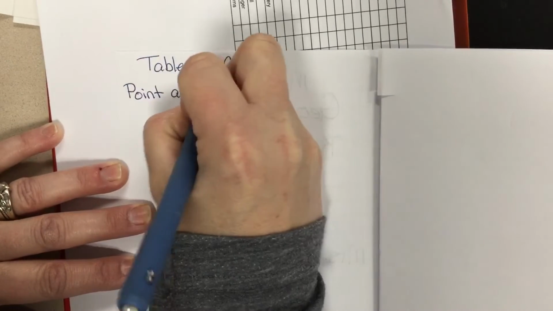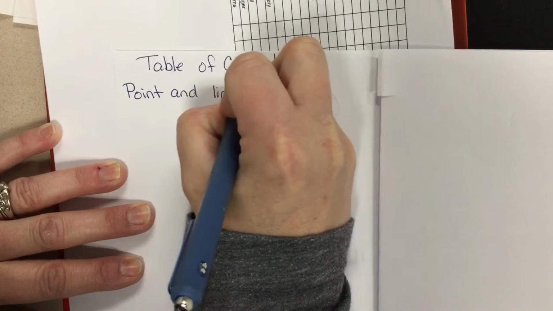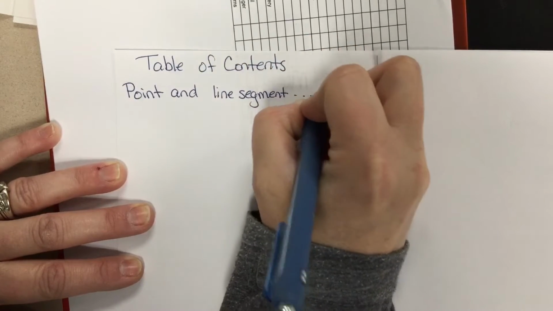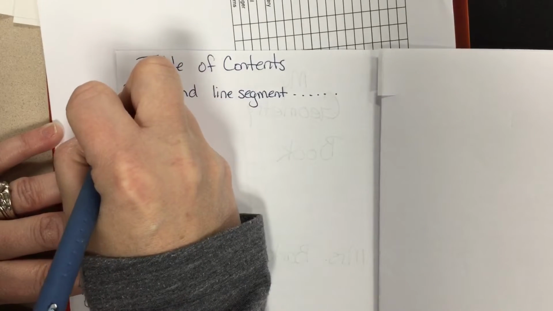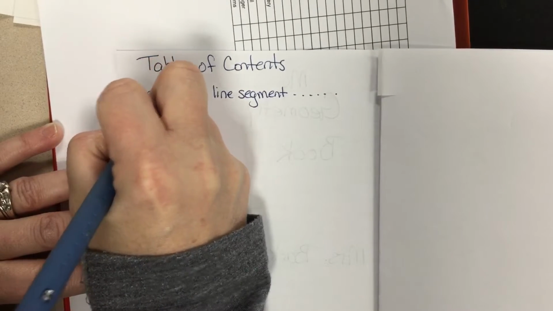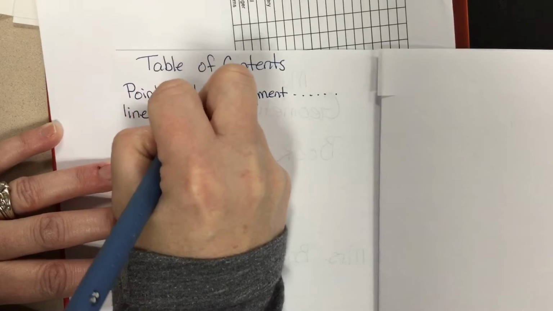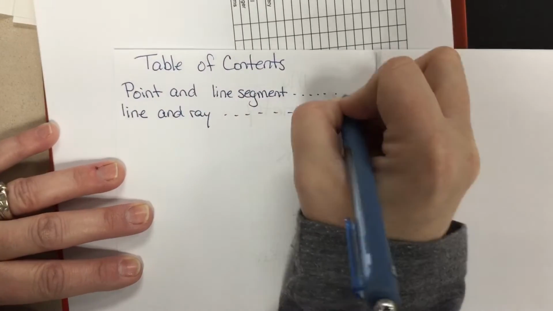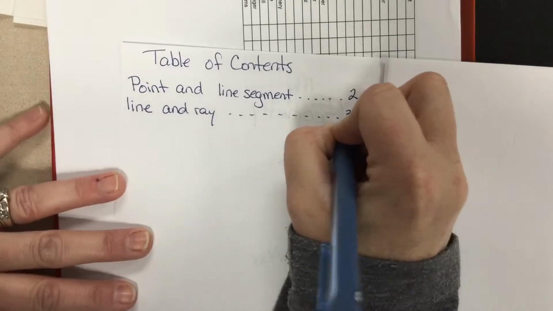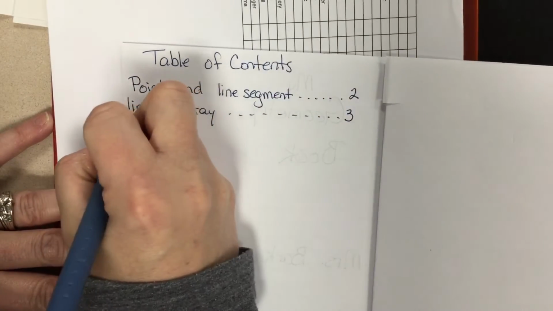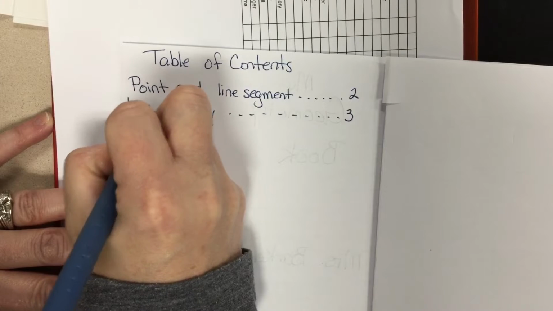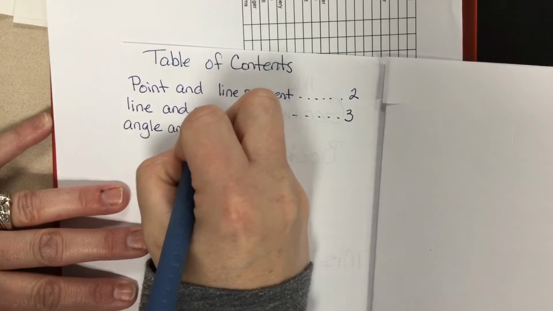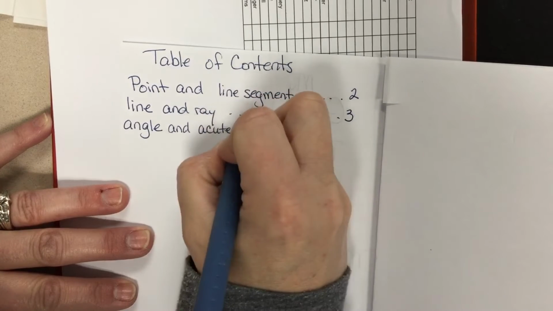and line segment. On the next page, we're doing line and ray. And this will be on page 2. This will be on page 3. On the next page, angle and acute angle.